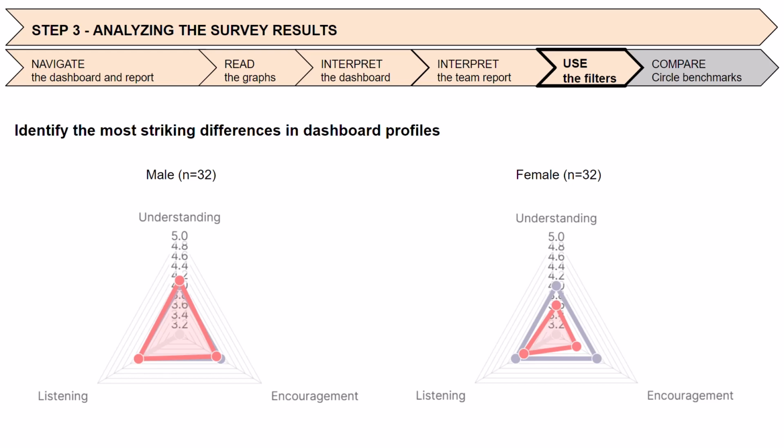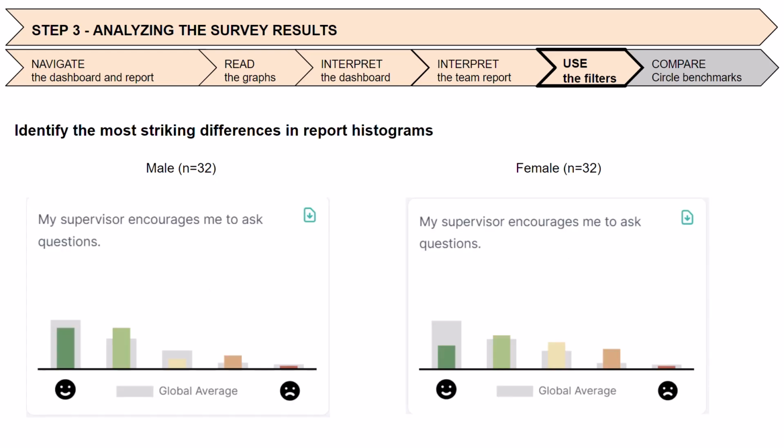So here we might be onto something. So let's see what that means. My supervisor encourages me to ask questions, and look at the difference. The distribution of answers is shifted slightly towards the right among women, so towards the less desirable situation.